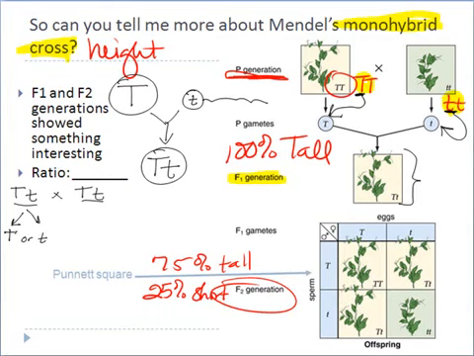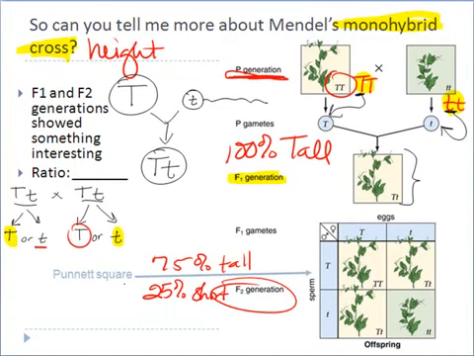But there can only be one or the other in each gamete if it's going to be a haploid cell. Same over here. I can either have a big T in the sperm or egg cell, or I can have a small t in the sperm or egg cell. So now I have to figure out, well, what happens if this egg cell unites with that sperm cell, or what happens if this egg cell unites with that sperm cell?